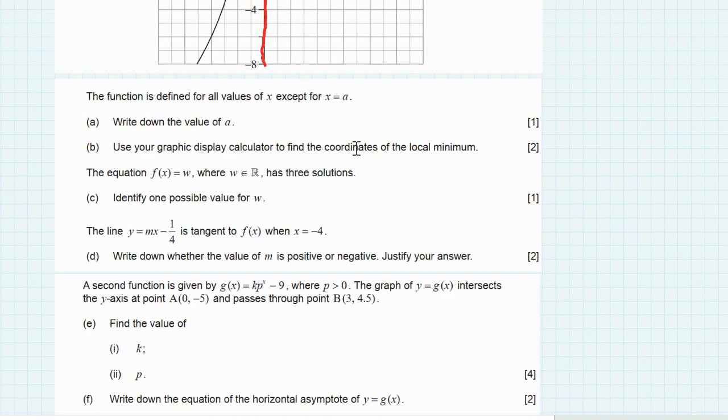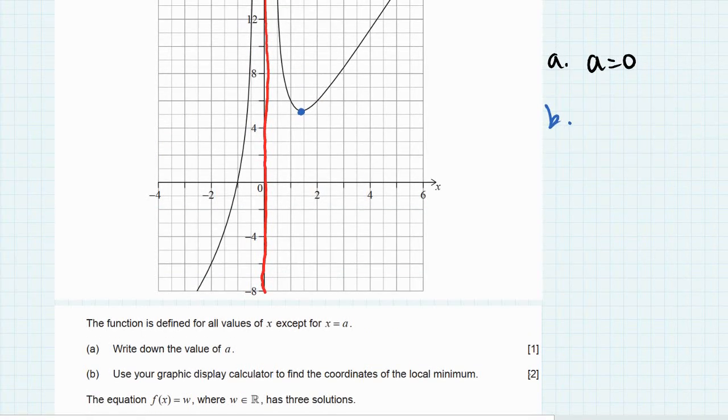Local minimum, this is only 2 marks. So we have 1.3862, comma, oh my God, we don't have enough space. Sorry guys, I'll put it here.